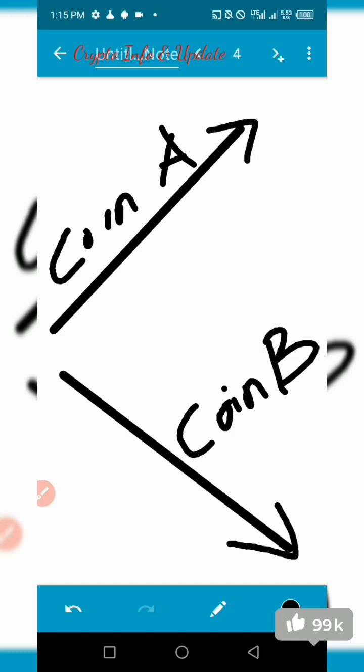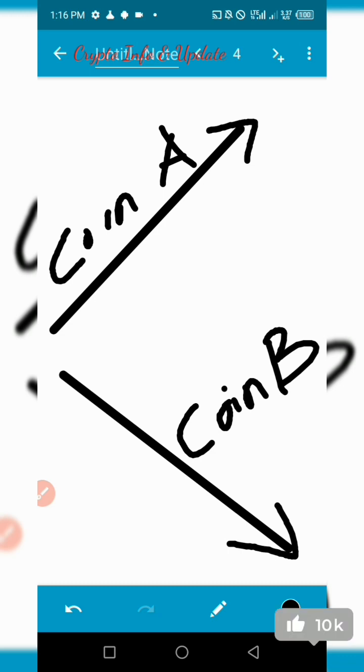You have a perfect opportunity at this point to enter your trade. Why? Because of the two pairs you are looking at, one of them is in the upward direction and the other one is in the downward direction. So both of them are separated, right? So you capitalize on the differences in their opposite directions.